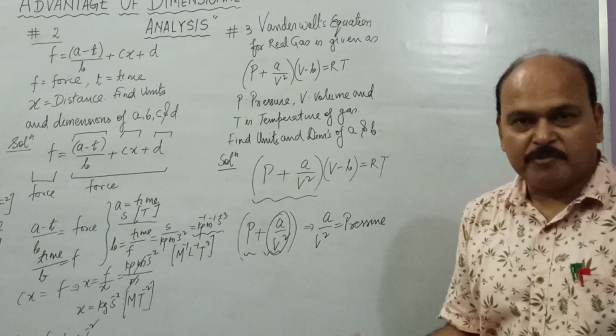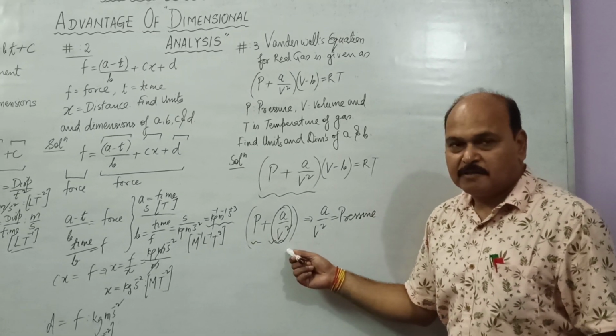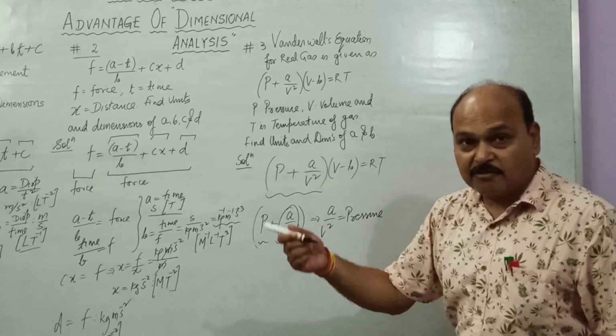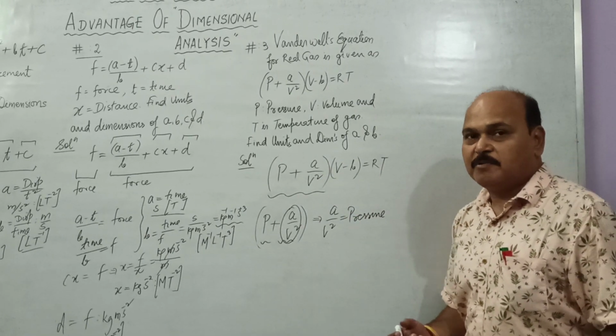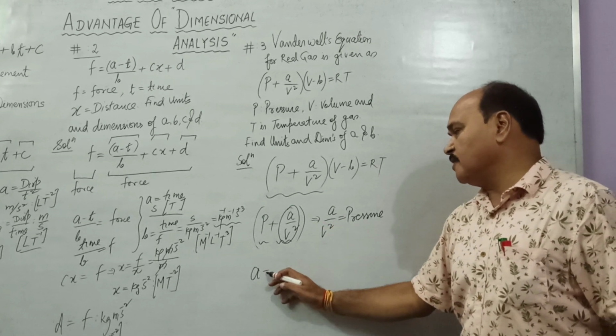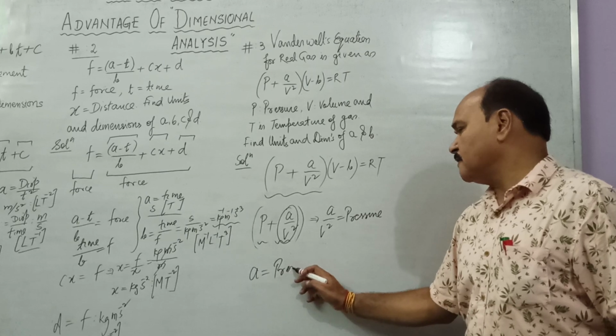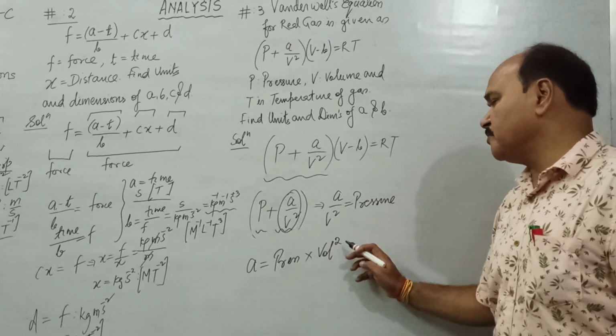Why? Principle of homogeneity. If something is being added to the pressure, the thing which is being added to the pressure has to be pressure. You can add only dimensionally similar quantities. So A upon V square is pressure. That simply means A is going to be what? A is going to be pressure into volume square.